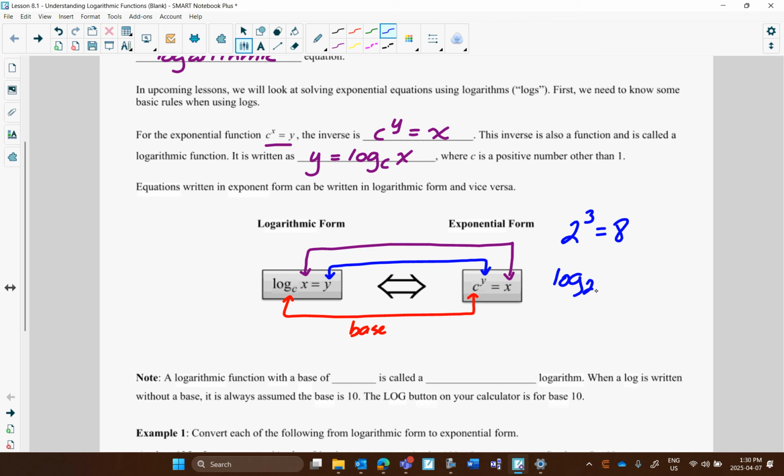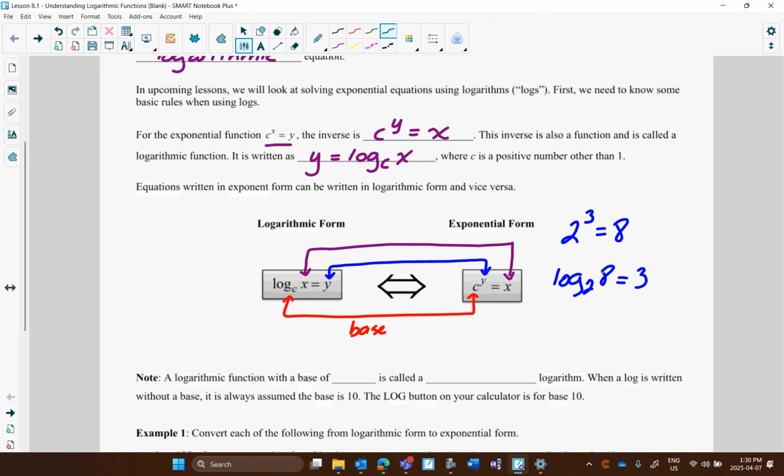The exponent in exponential form becomes the answer to the log. And then the answer to the exponent becomes what we're taking the log of. And we can convert from one form back to the other. Okay?